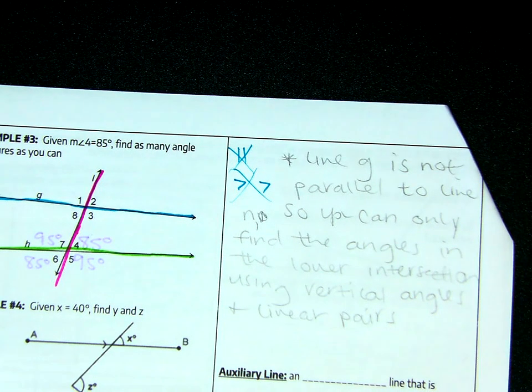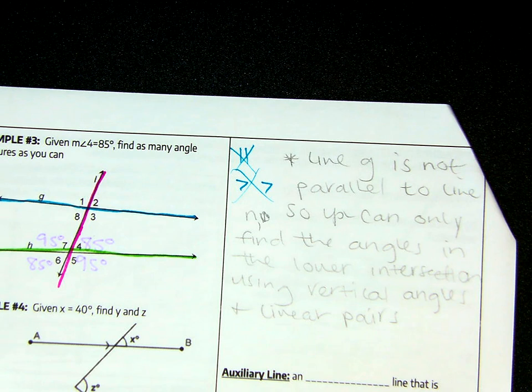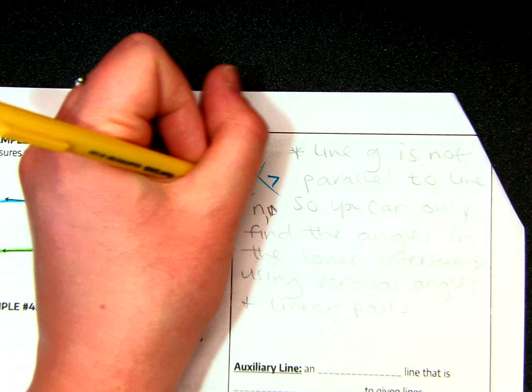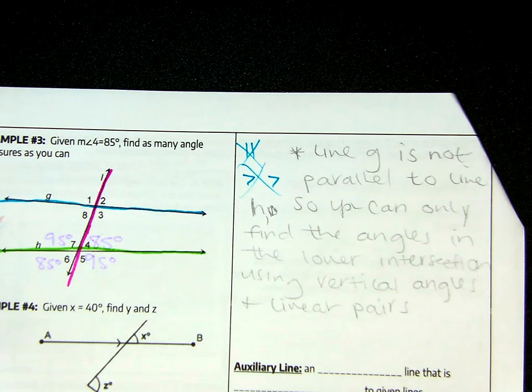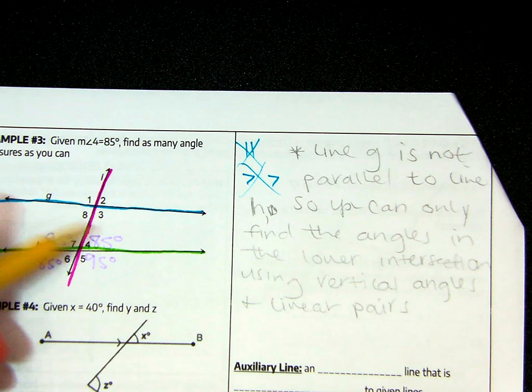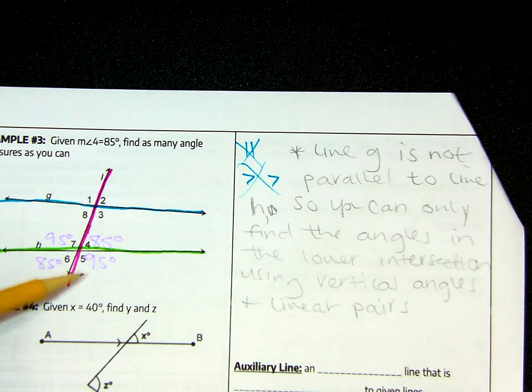Is that easier? Okay, maybe. All right. Line G is not parallel to line H, so you can only find the angles in the lower intersection using vertical angles and linear pairs. All right?